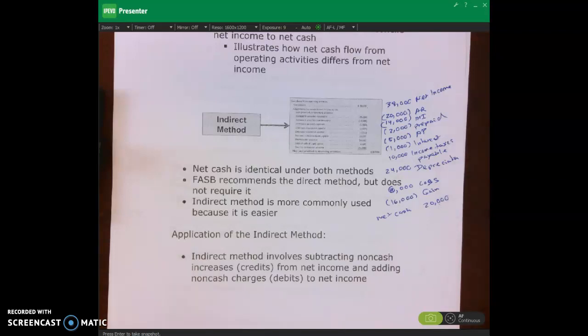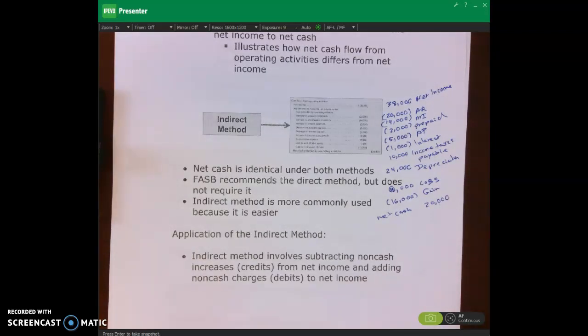So to recap with the indirect method, step 1, look at changes in the account balances of non-cash current assets. What do I mean by non-cash current assets? Those current assets that I expect to be turned into cash in 1 year or the operating cycle, whichever is longer. Examples include accounts receivable, merchandise inventory, prepaid expenses, and supplies.